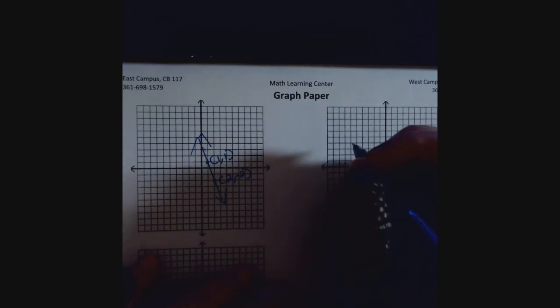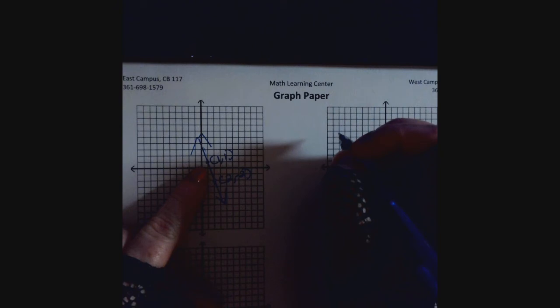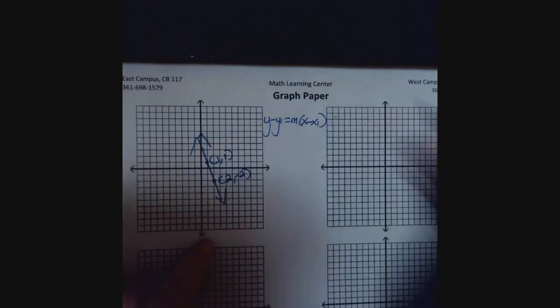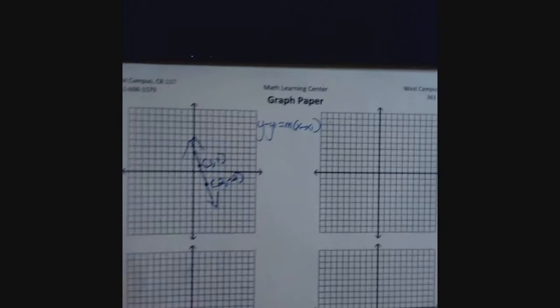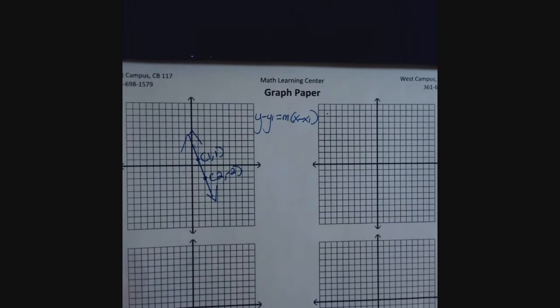So we're going to go ahead and use point slope form. That's normally the easiest way to put it in, because slope intercept form you have to know the y-intercept and we don't know it here. So point slope form's the easiest.